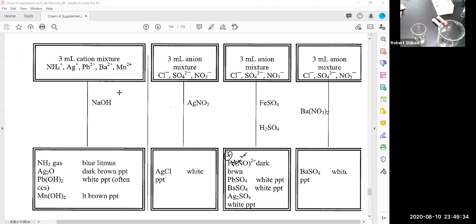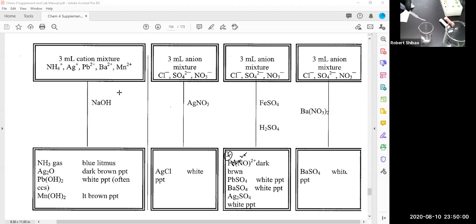All right, so the first experiment we're going to do is test for ammonium ions. So I'm going to get an unknown here. I'm supposed to get 3 milliliters, but I'm not going to measure it using a graduated cylinder. I'm just going to use this pipette here. This is what we call a plastic pipette or plastic dropper.